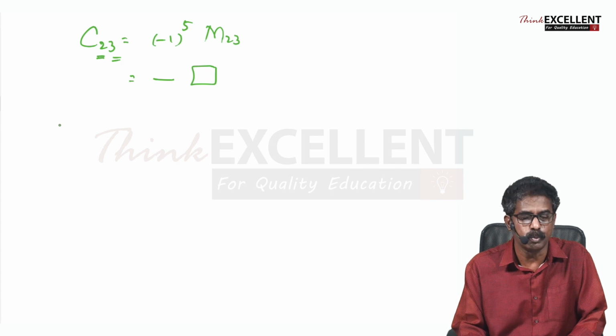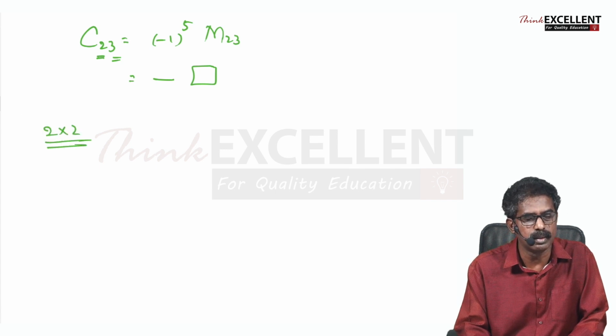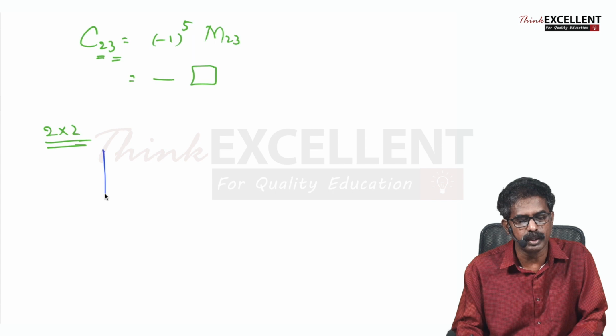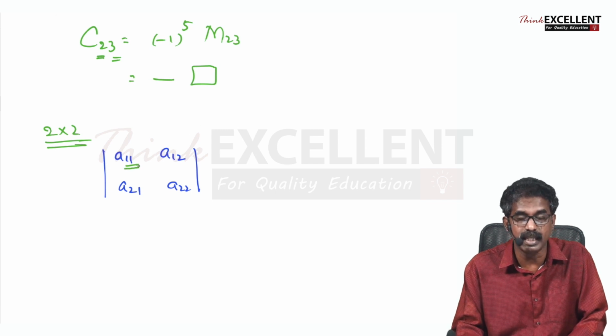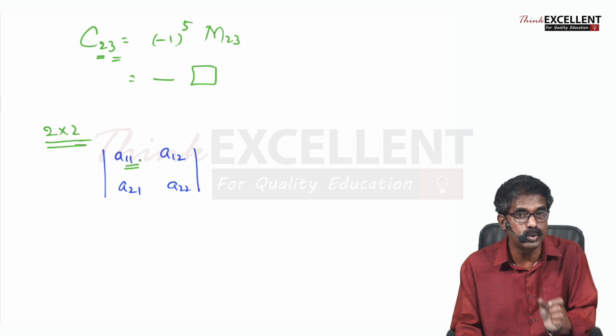Suppose it is a 2 by 2 determinant. You know the positions, right? For a 2 by 2, the first row is a11, a12, and the second row is a21, a22. So you see the sign. First one, you add the suffix i plus j. 1 plus 1, it is 2.